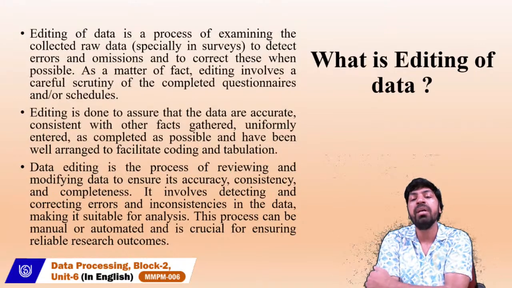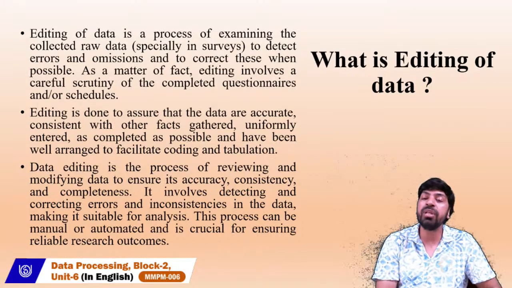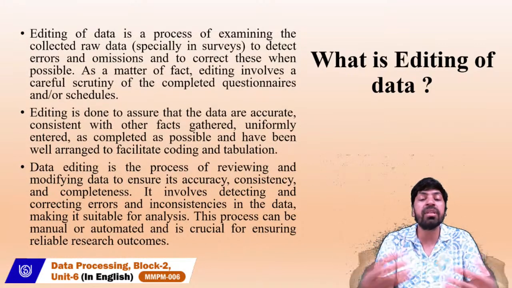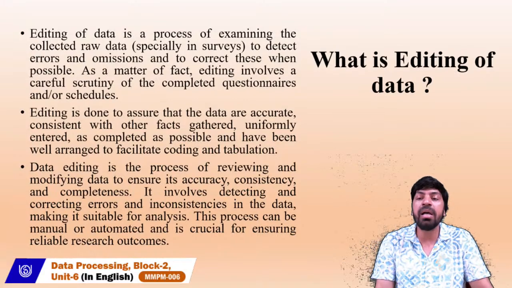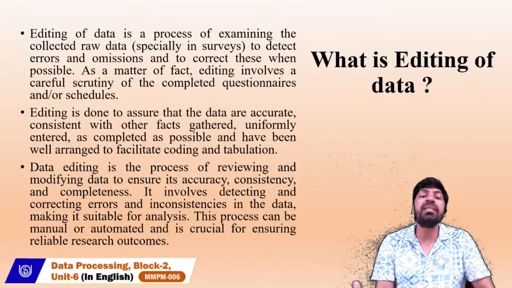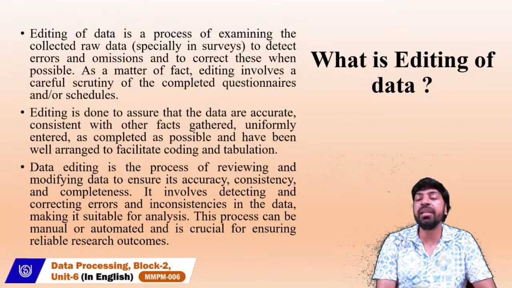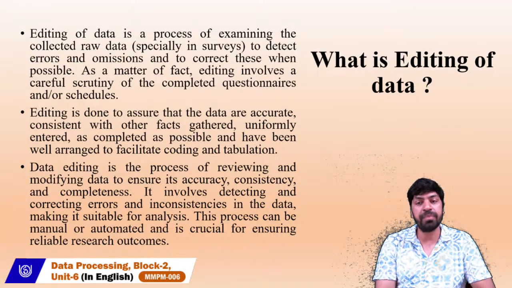If a researcher does it manually, it would be a crucial and complex process when it comes to lengthy calculations and large data. So when manual editing wouldn't be possible, automated editing would be, so that it could ensure reliable research outcomes.